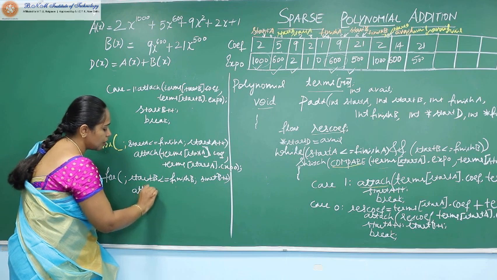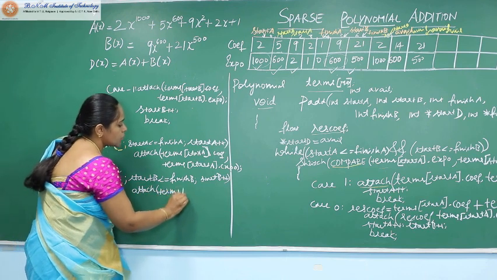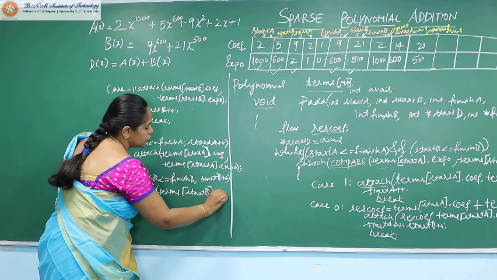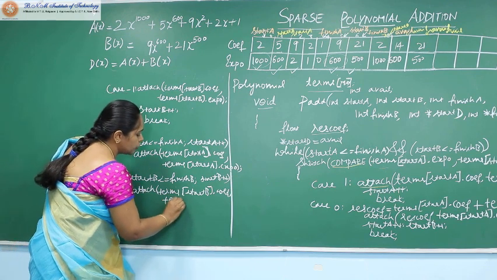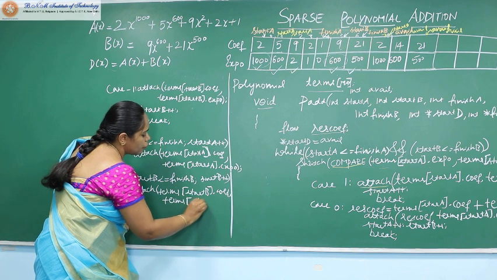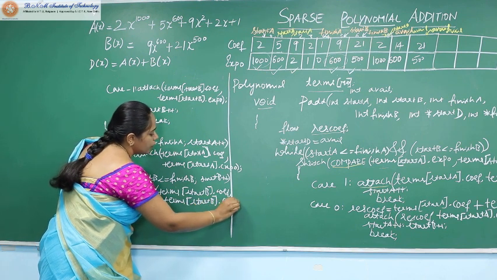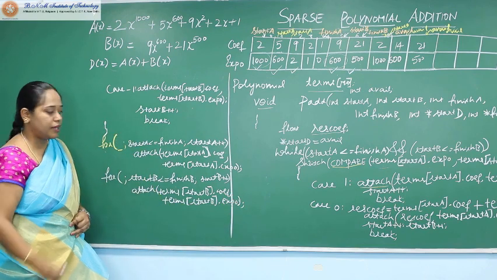So call the same attach function, but with the parameters terms of start B dot coefficient as the first parameter, and the second parameter to attach is terms of start B dot exponent. And we know that every time attach will keep on incrementing avail.